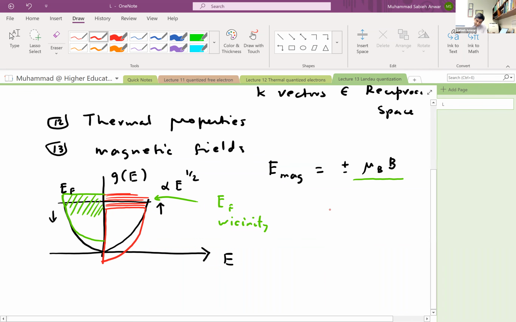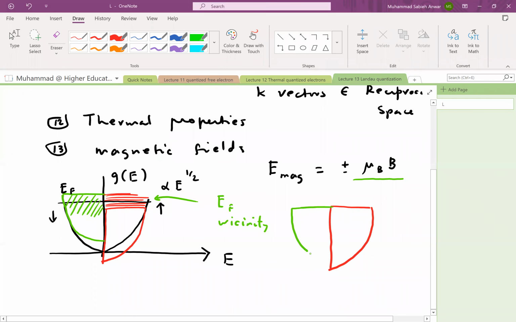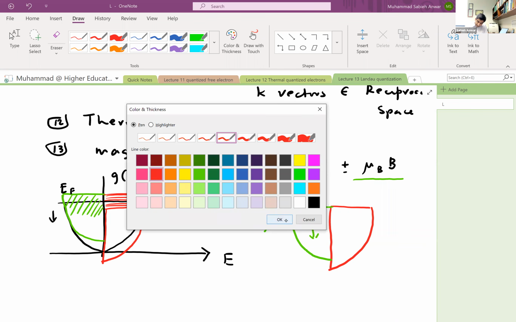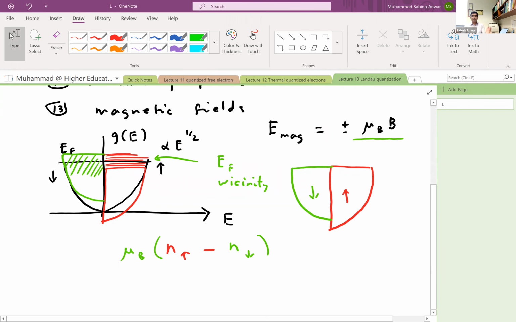So once equilibrium is achieved, the new density of states looks like the following. This is what we have. So we have more spin up electrons than spin down electrons. And this polarization difference between spin up and spin down electrons, if you multiply this with the spin on each electron, which is mu B, you will find out the total magnetization of the system.